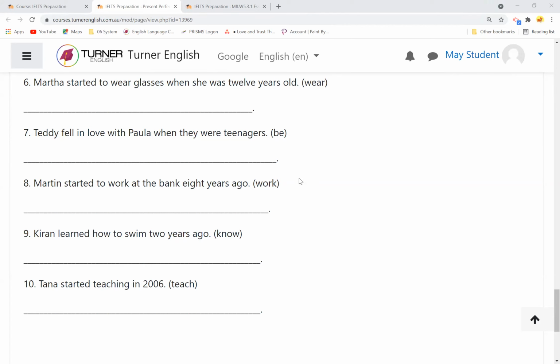This page, how can I find it in the module? Yes, grammar. Ah, okay. Module 1 and 2. In the grammar, okay. Yes, okay. Any other clarifications or questions? Okay, so now let's move on to our essay questions.